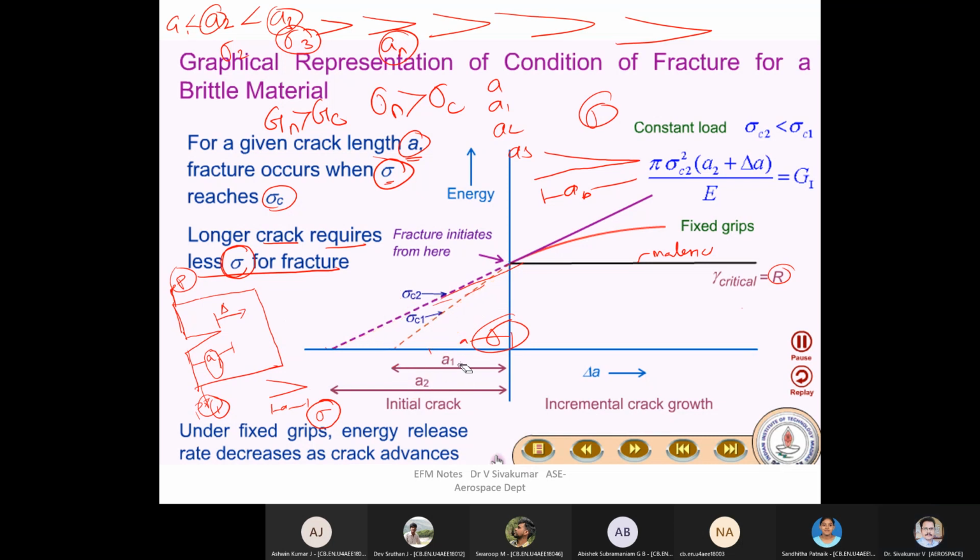If you take this particular figure, you can see here, for crack length A1, you will have sigma C1. For crack length A2, you will have sigma C2. You see here, sigma C2 is less than sigma C1.